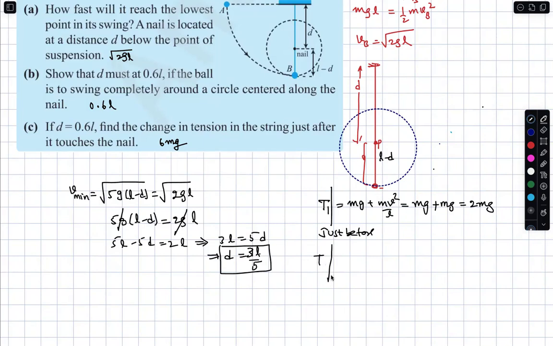Now just after striking the nail, mg plus you want this to be vertical circular motion.